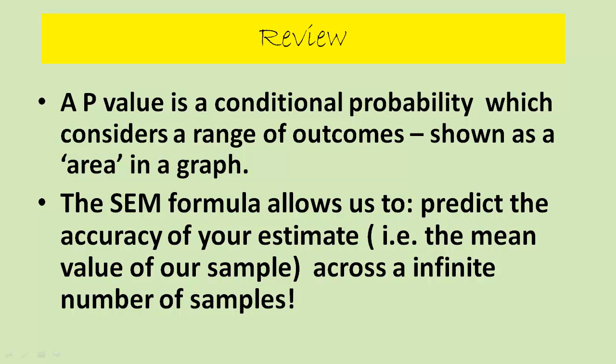We discovered the remarkable fact that the SEM allows us to predict the accuracy of our estimate, that is, a mean value of our sample across an infinite number of samples of the same size from our one single sample. But now let's move on to some new stuff.